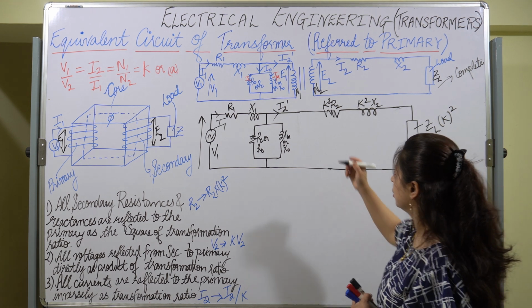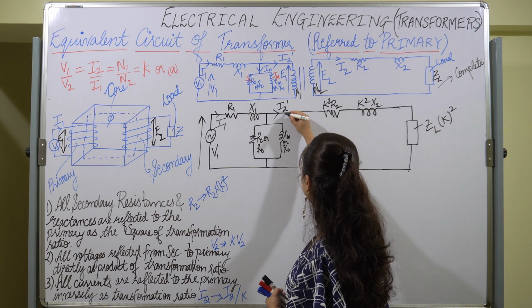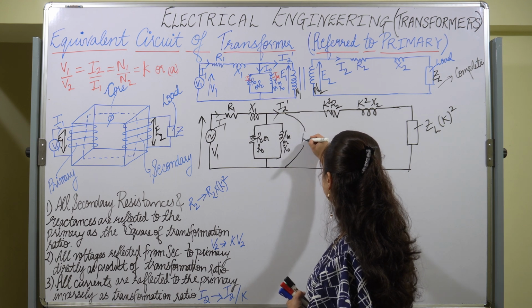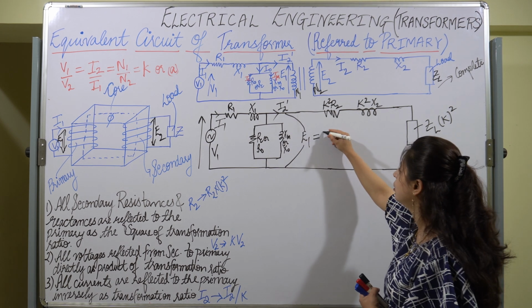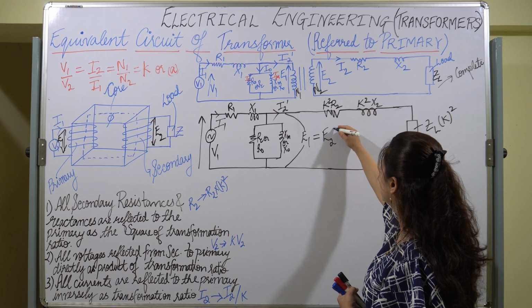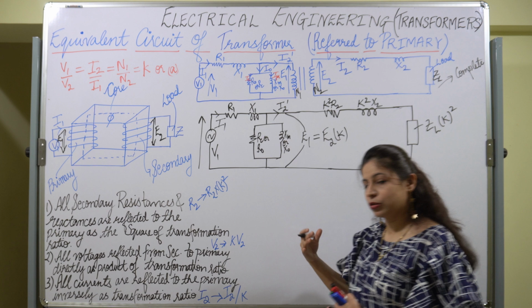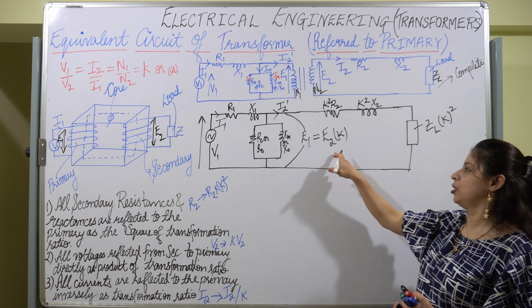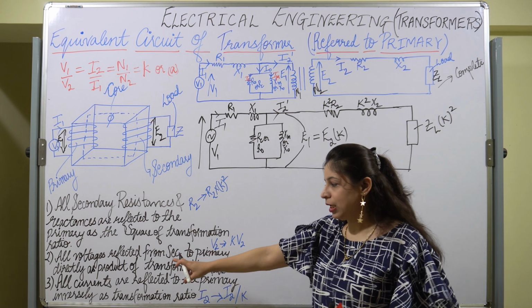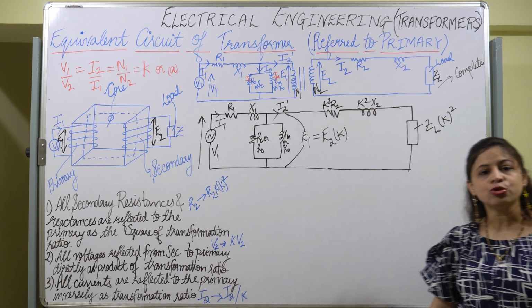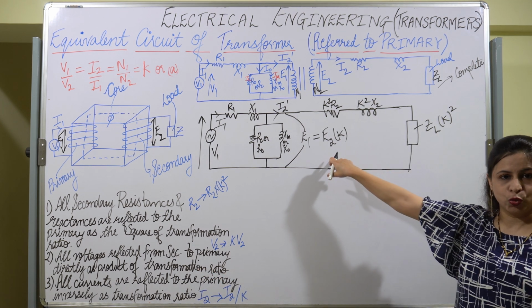Now it is complete. Here I have to show my E1 will be equal to E2, but E2 will be K times, because E2 is the induced EMF and it will be directly proportional to the transformation ratio. So it will be K times E2.